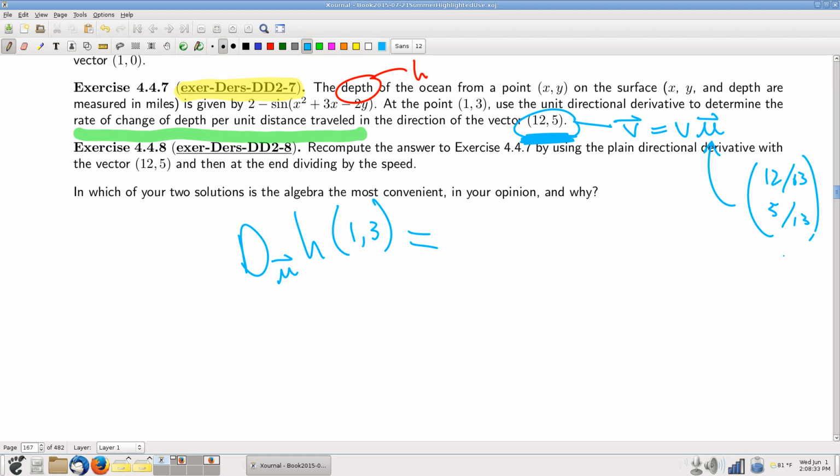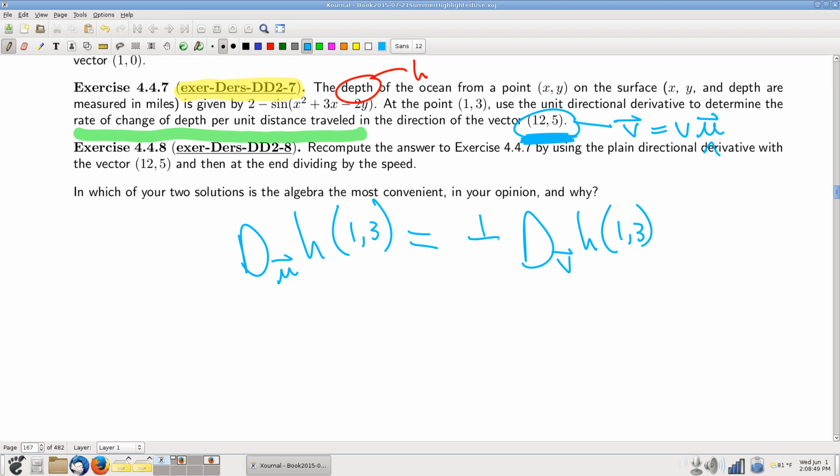So out of laziness, I'm instead going to compute the directional derivative with the vector (12, 5) and then divide by the speed. The idea being that, per this observation here, I could rewrite u as v over v.